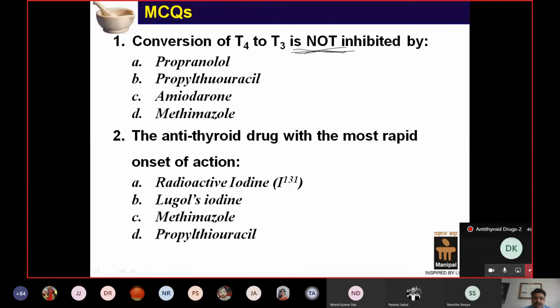Question number 2. The antithyroid drug with the most rapid onset of action. Which has the most rapid onset of action? B. So why B?